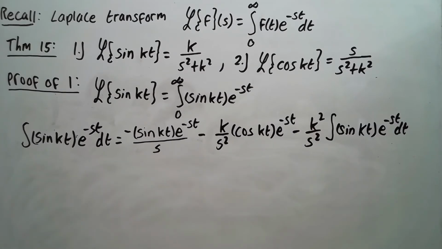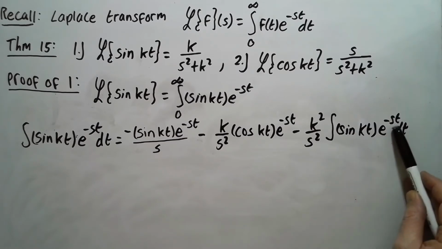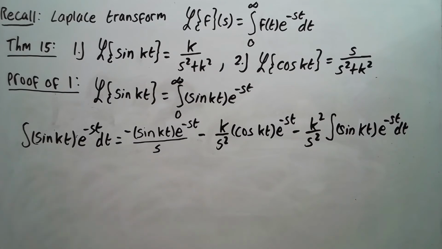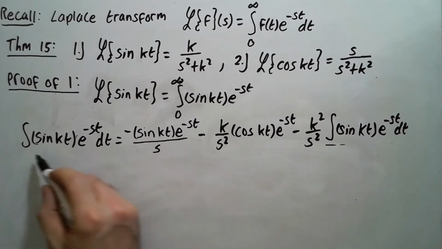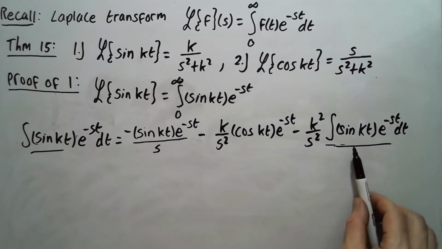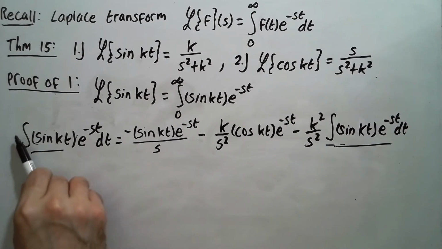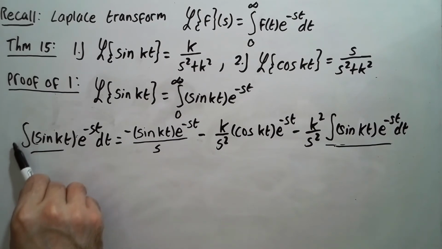Okay, so notice we have the integral of sine kt e to the minus st here and here. So right here and over here. I want to take this integral of the sine guy over here, so I'm going to add it to both sides. And there's a 1 in front here.